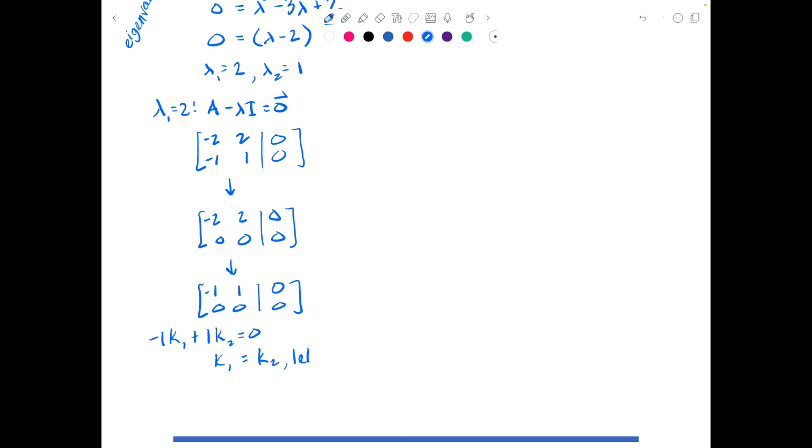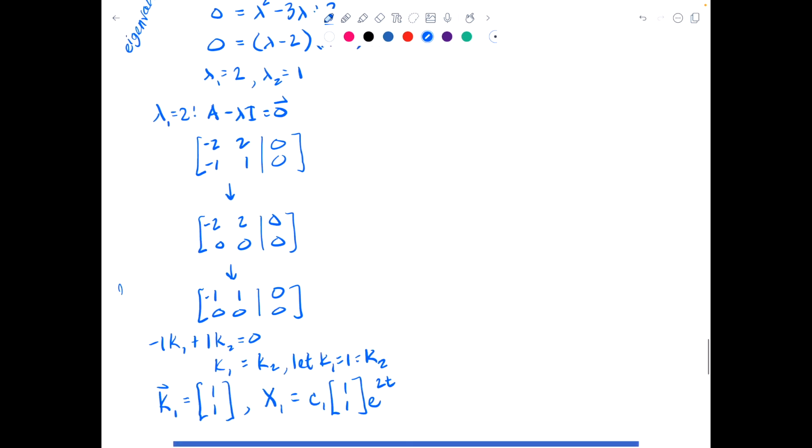If we let k1 equal 1, that would equal k2. And so your first eigenvector, call it capital K1, would just be 1, 1. But your first x would be C1 times that eigenvector, and then times e. Our lambda was 2, so it'll be e to the 2t. Cool, cool? All right, next, these are eigenvectors.